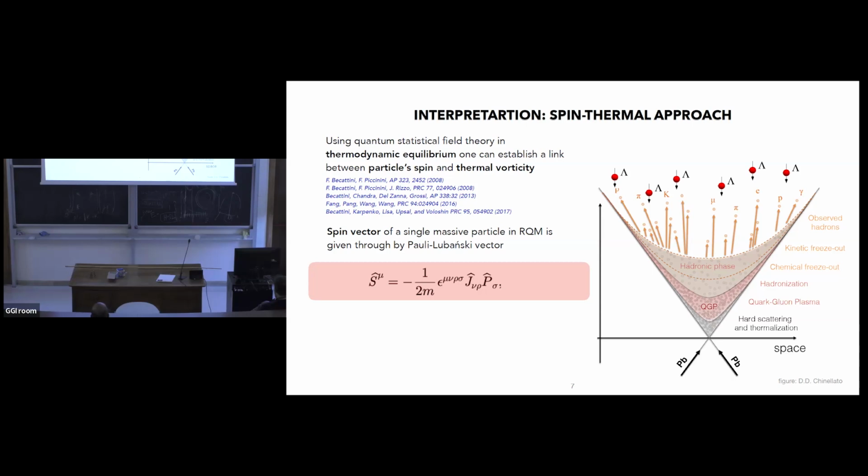Starting from the Pauli-Lubański definition of the spin vector for a single massive particle, we can see this familiar expression: the spin vector is given through the total angular momentum operator and the four-momentum.